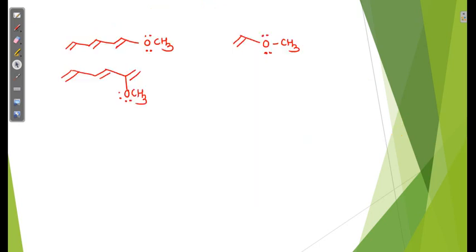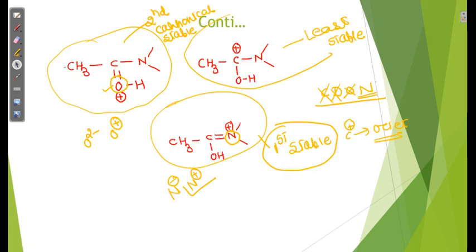Let us go ahead. Up to here, whatever I told you applies when your structures are resonating structures of each other. If you see here, there is no change in this element, all are on their own place.